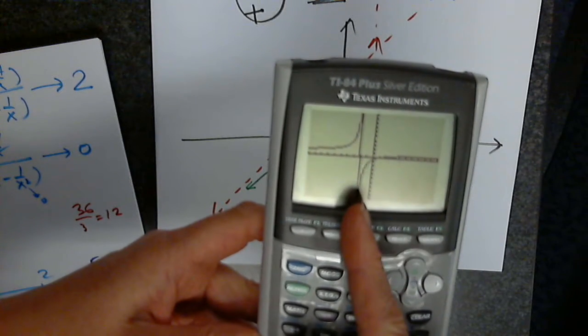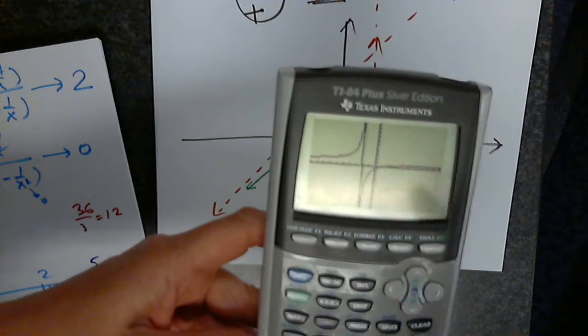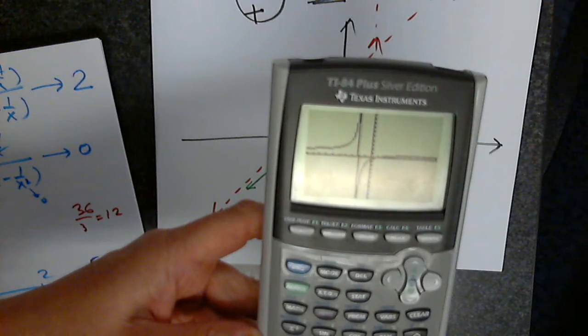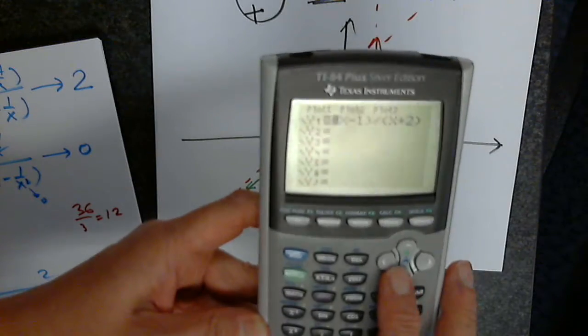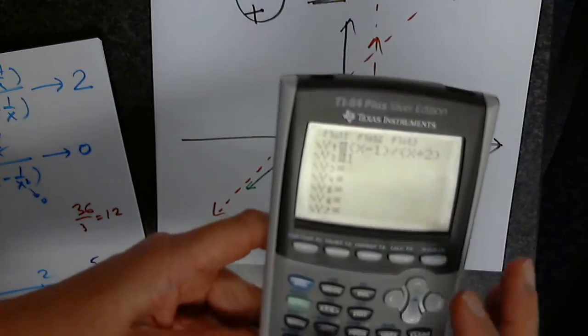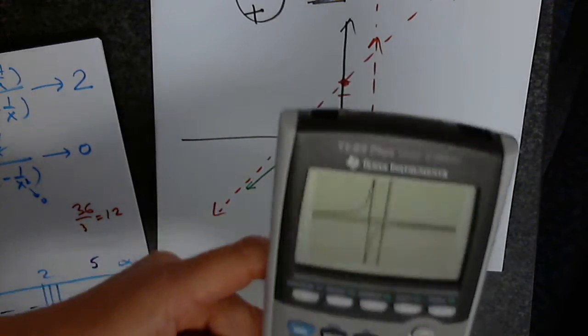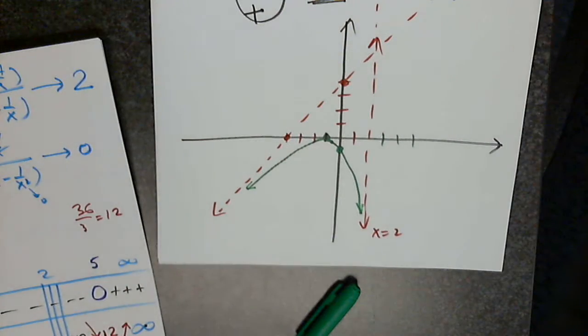So here it is. That's the vertical asymptote at -2. Oh, it just plots it for you? Yeah. And of course, I should have plotted also the horizontal asymptote, but it automatically does it. So that's why I never really investigated, but there is a way.